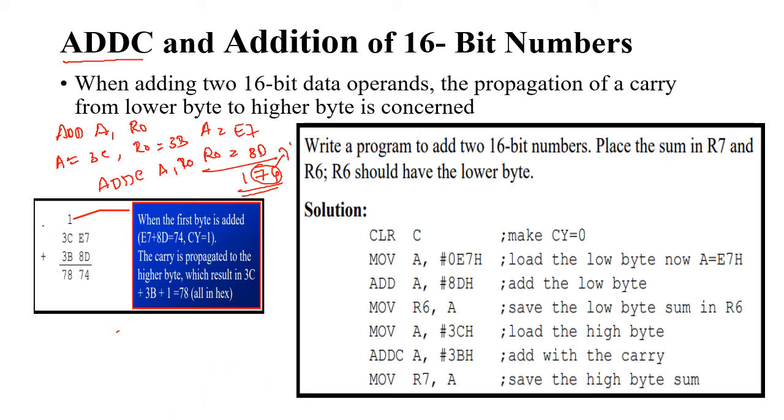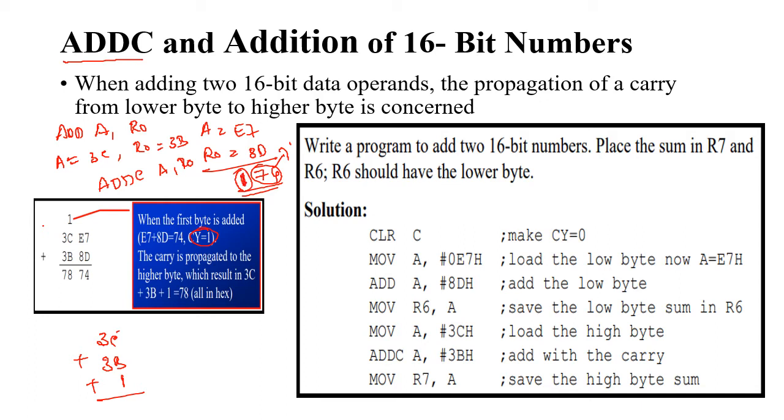It will add the upper byte 3C plus 3B plus 1, because there is one carry generated during the lower byte operation. The answer generated during the lower byte addition is 174.